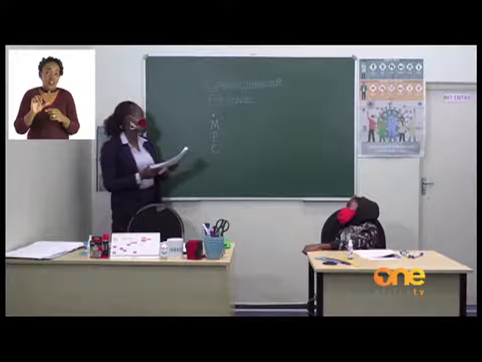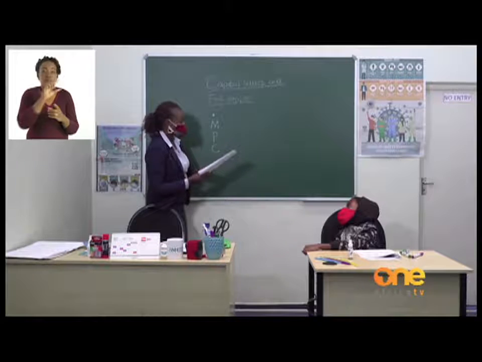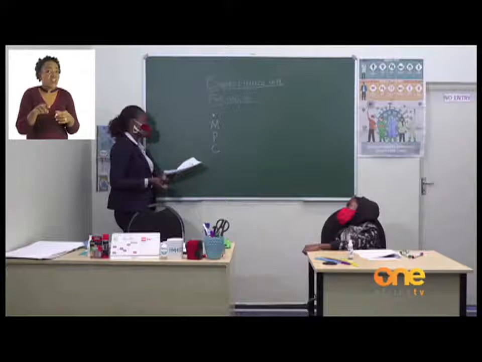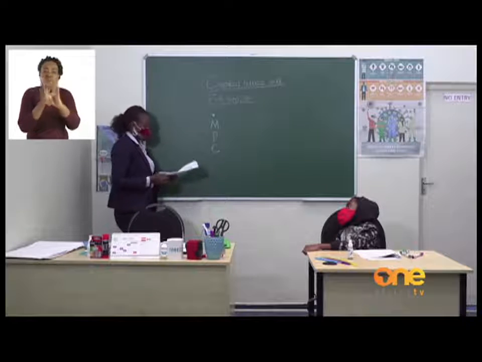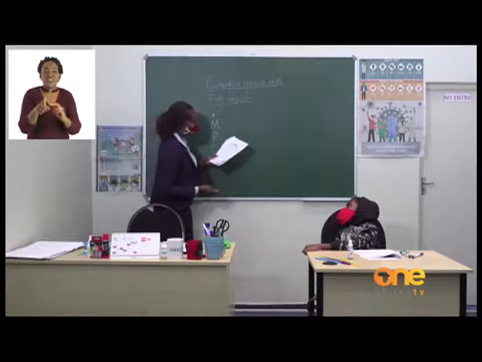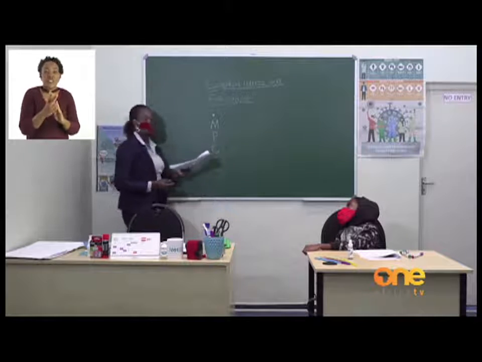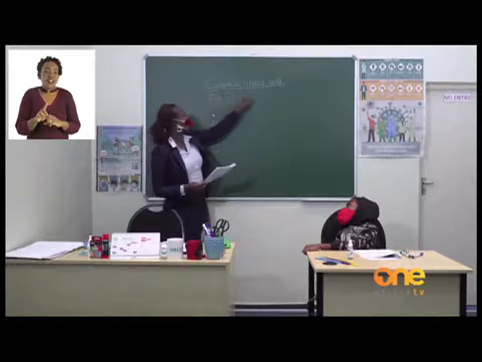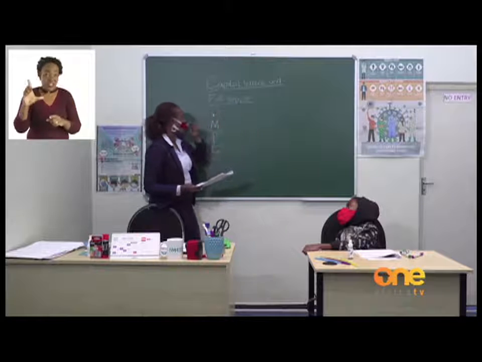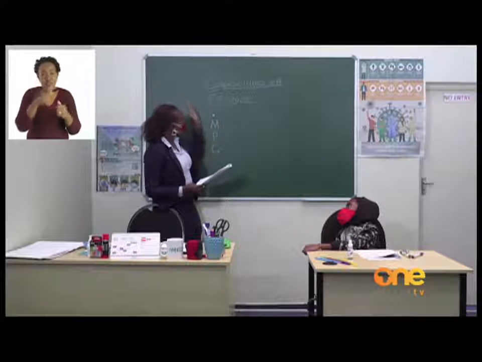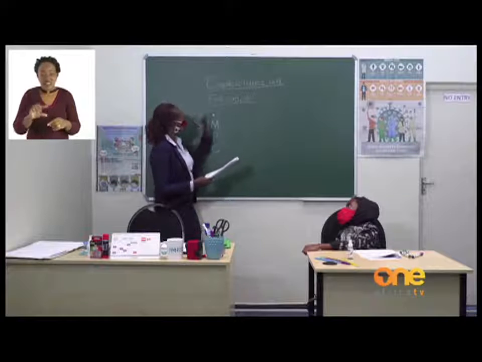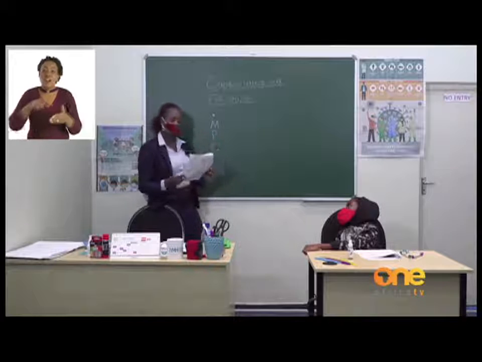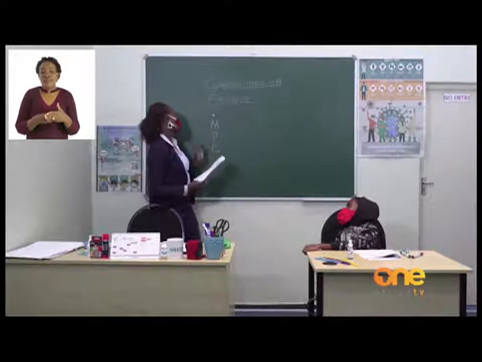And we are given sentences here which are muddled up, which means the words are not in order. So we want to start by looking at the first sentence. And because we are doing capital letters and full stops, you must remember to start a sentence with a capital letter, and at the end of each given sentence, you must always put a full stop.